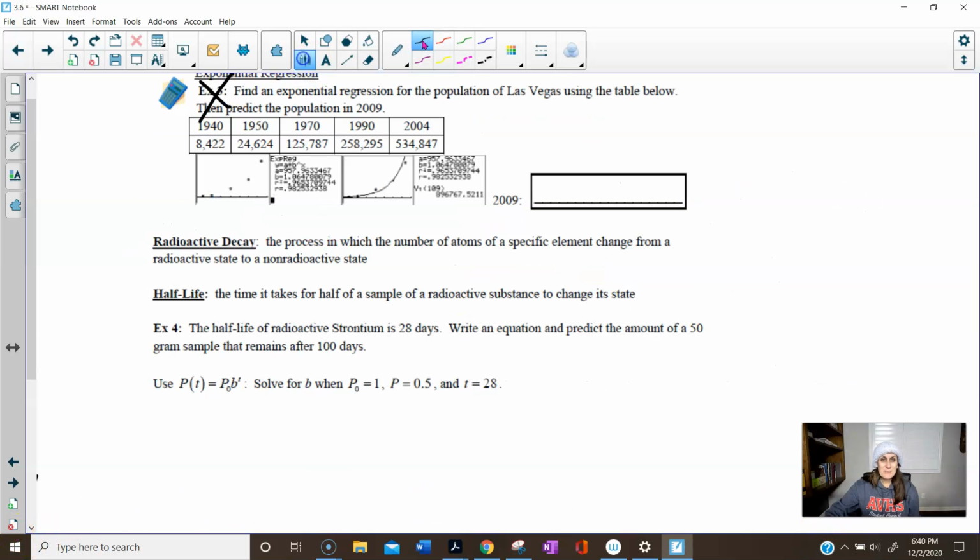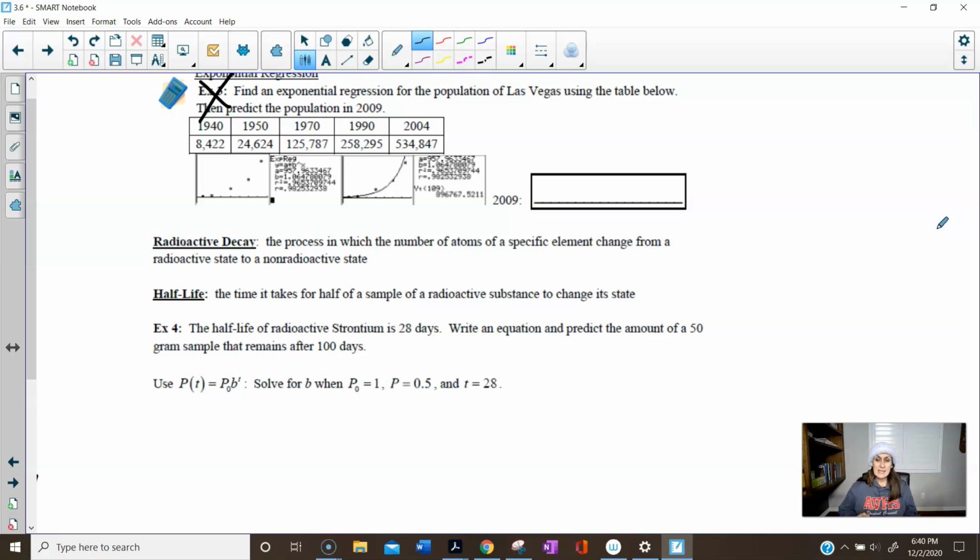So we're going to skip example 3, the regression example, and go to radioactive decay and half-life. Radioactive decay is the process in which the number of atoms of an element change from a radioactive state to a non-radioactive state. I know carbon dating has radioactive decay in it. That's when you have C14 in your body and you're always producing a certain amount of carbon-14.